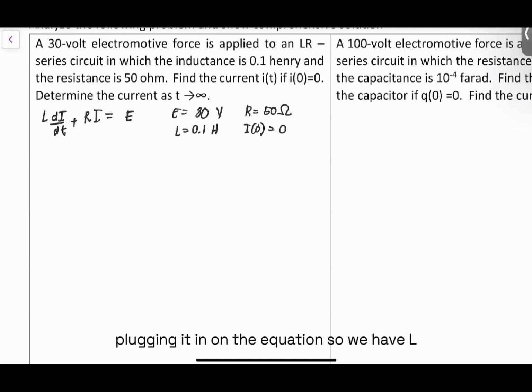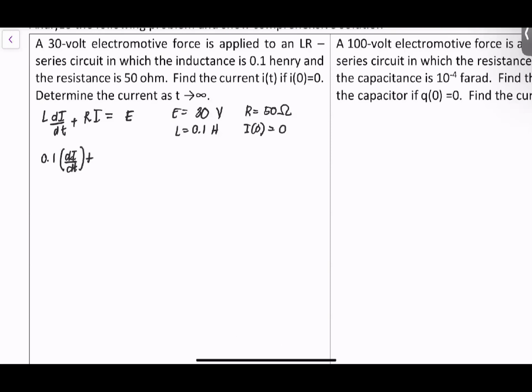Plugging it in on the equation, we have L, 0.1 di over dt plus R, where R is 50, I equal to E, which is 30.